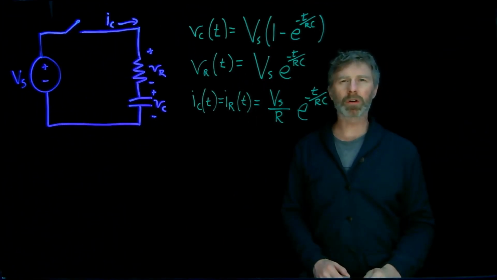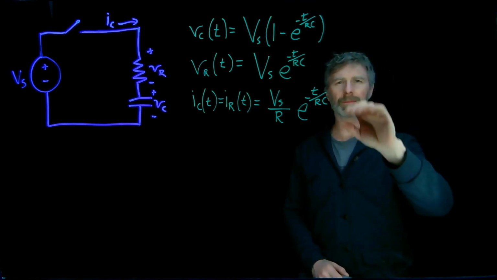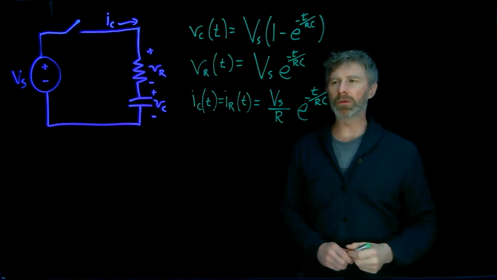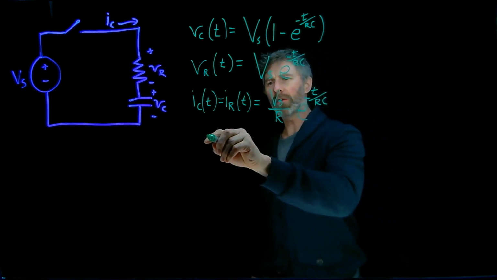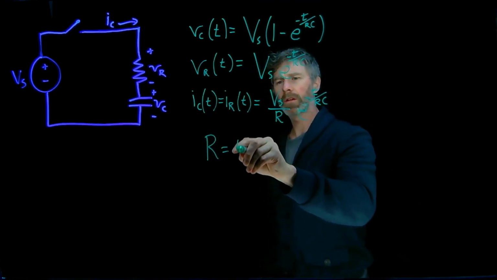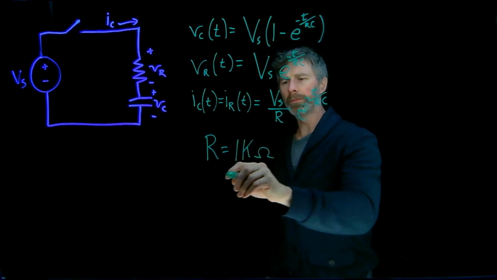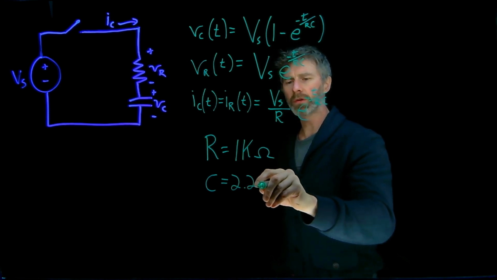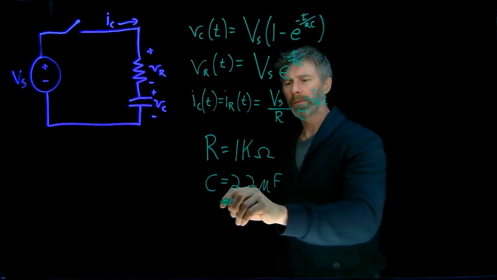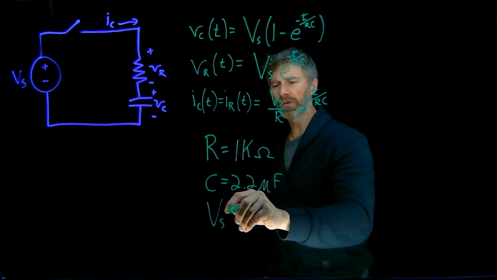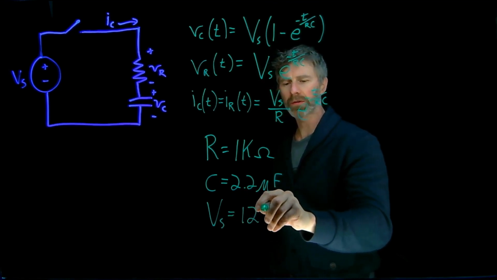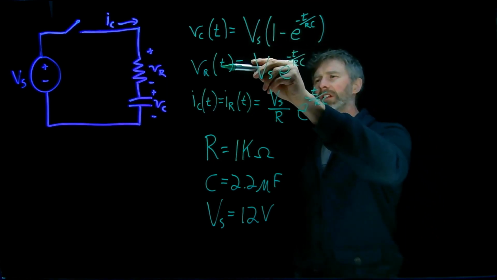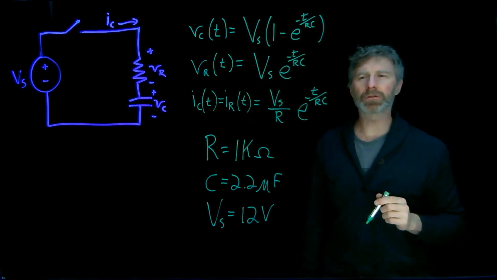We have done a bit of work to derive these equations here. Now it is time to put them to use. What I want you to do is, for the value of R equals 1 kiloohm, C equals 2.2 microfarads, and Vs, or the source voltage, of 12 volts, figure out the values for VC, VR, and IC for a number of different points in time.